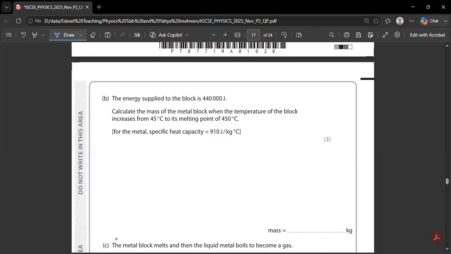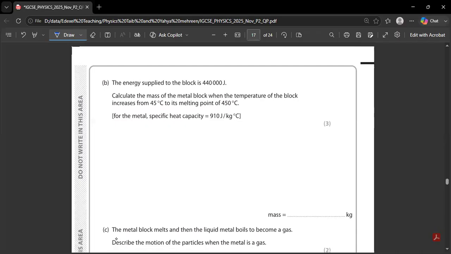So what we have to do? Calculate the mass. So specific heat capacity. If you guys remember, what formula do we use for the specific heat capacity? Yeah, delta Q equals m c delta T.